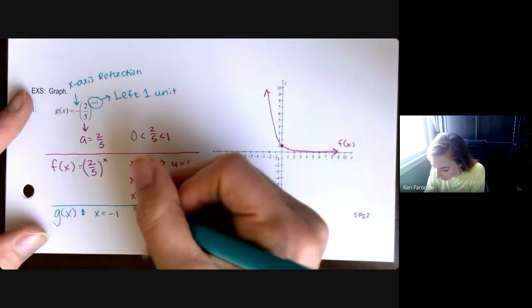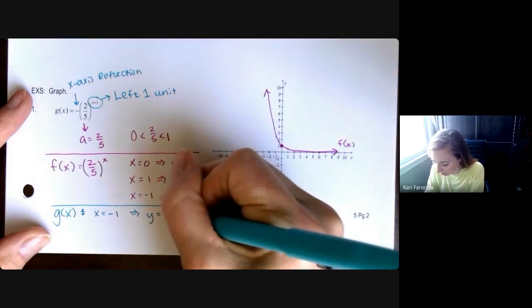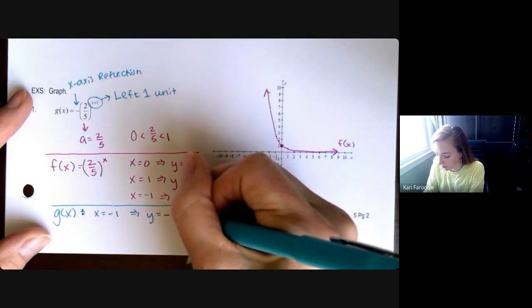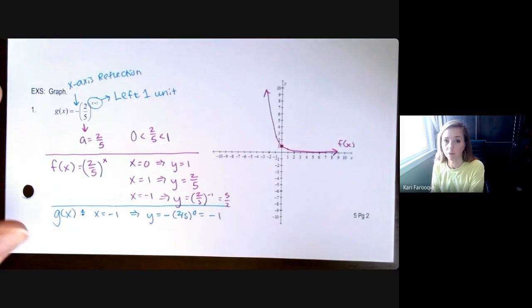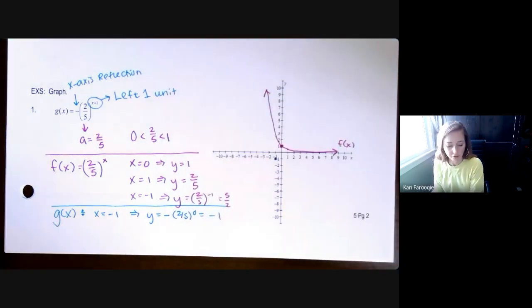Well, in this case, I'm going to say that y equals negative and then 2/5 to the 0 power, which is -1. See how that works? So if x is -1, y is also -1. And I have this point down here.